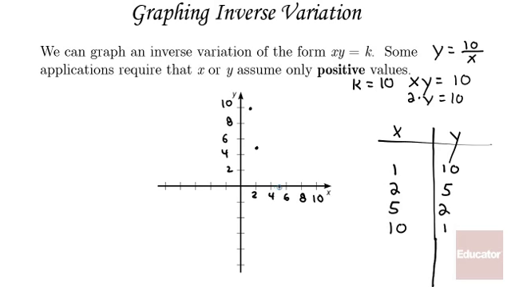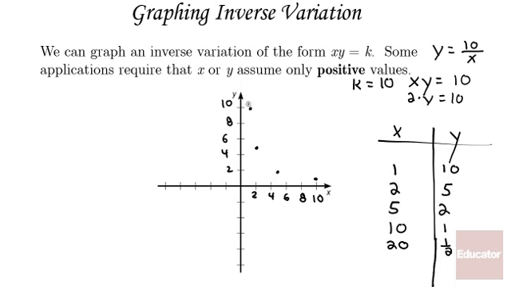When x is 5, y is 2. And when x is 10, y is 1. You could even take some more extreme values to see what's going to happen. For example, if x is 20, you can see that y is going to be 1/2. So as x becomes larger, this graph approaches the x-axis.